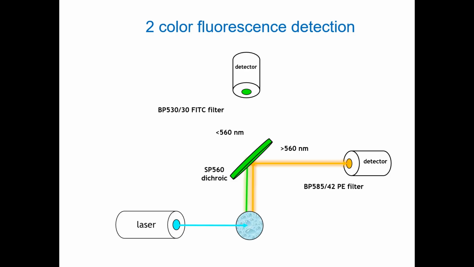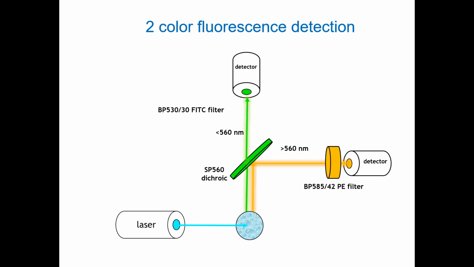The light detectors are colorblind. They only see photons of light, so we must ensure that the photons of light that they see are of the wavelengths of the fluorochrome that we want to measure in that detector. The bandpass 585/42, directly in front of the PE detector here, only allows the wavelengths 585 plus or minus 21, that is from 564 to 606, through to the detector, and this corresponds to the optimal part of the PE emission spectrum.